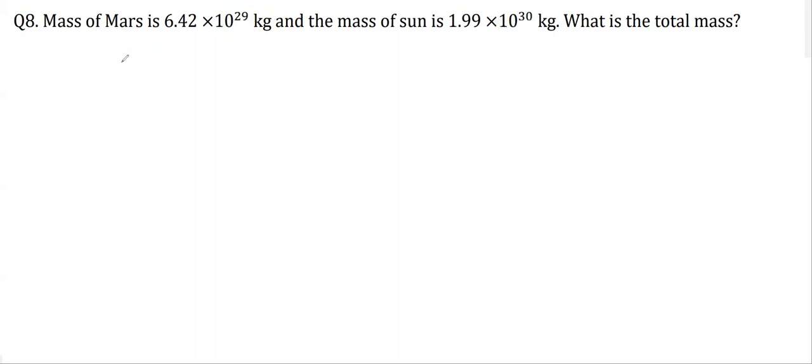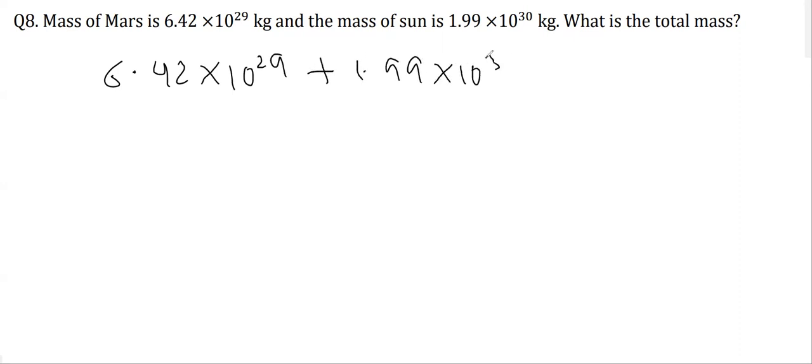If I have to add these two masses, this is 1.99 into 10 raised to the power 30. As I said, we cannot add these two numbers unless they have the same power, so we need to convert them into the same power.